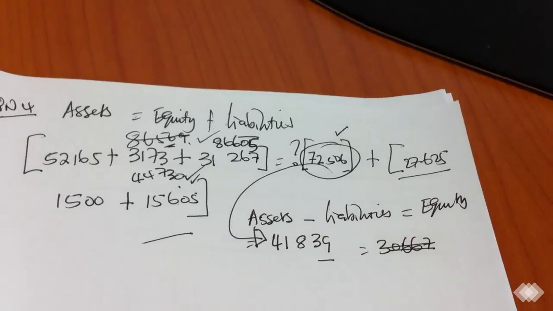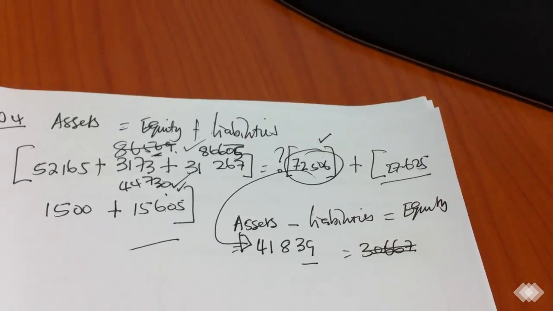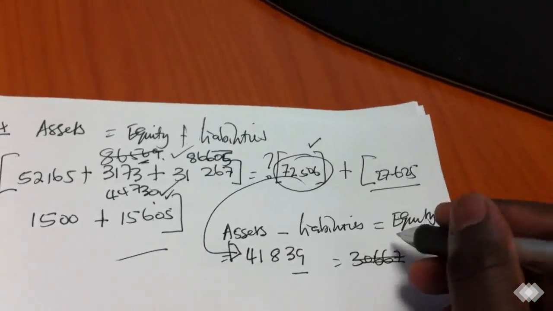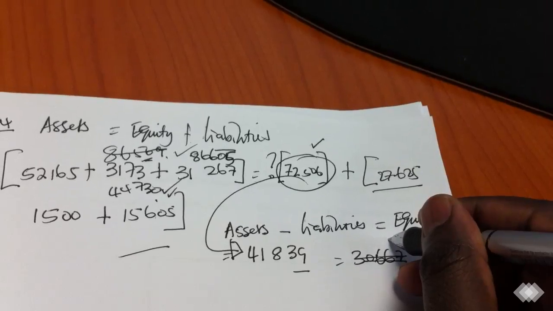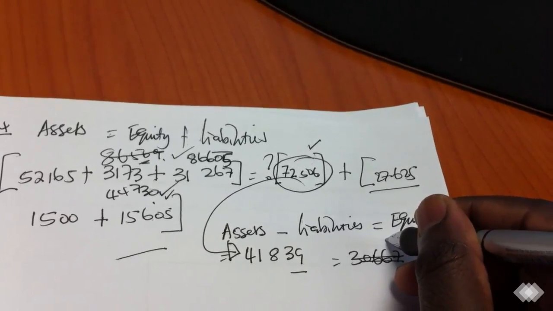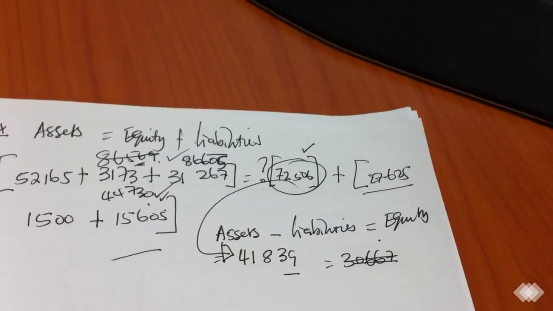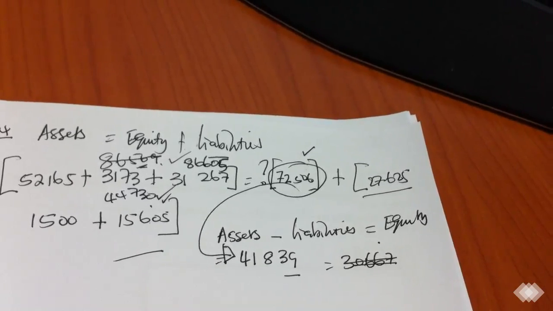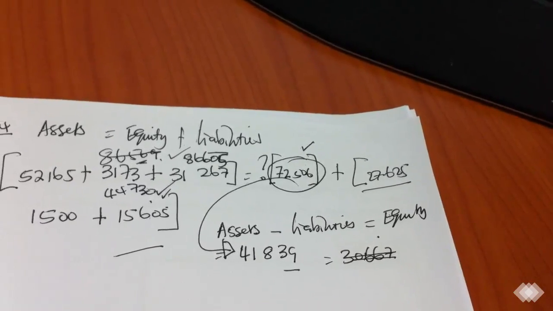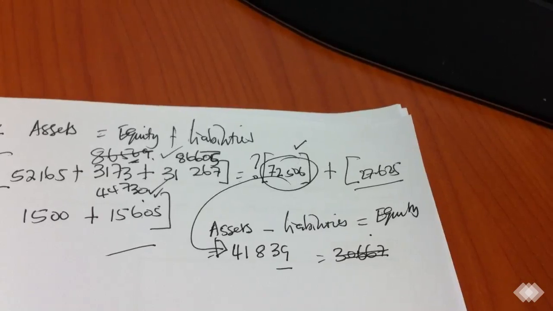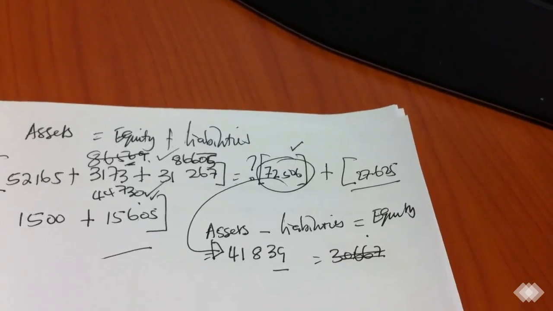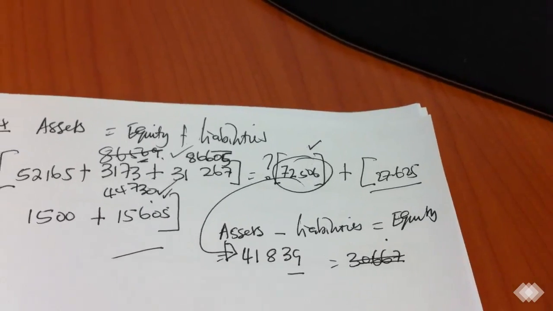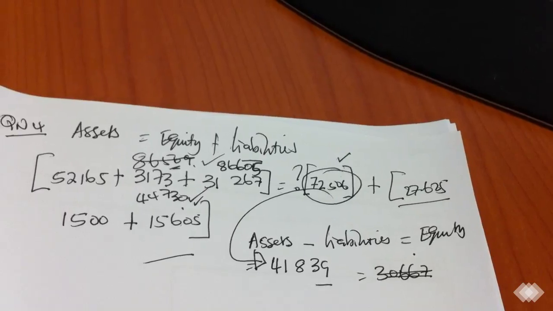So minus that 41839. It gives me how much? 86605 minus 41839 gives me a different number.